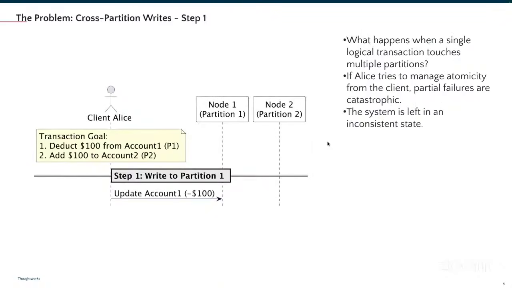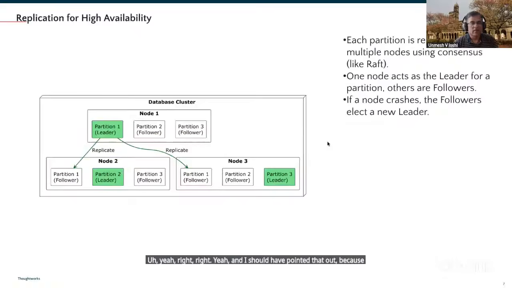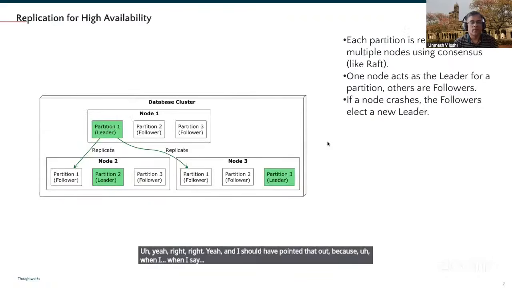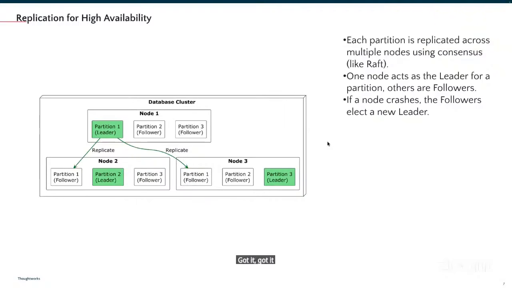Consistency and transactions are two different aspects, right? I should have pointed that out, because the consistency term is a bit overloaded. We use it when we say consistency across multiple replicas, like what is shown on the diagram: it's partition one, and there are two replicas.